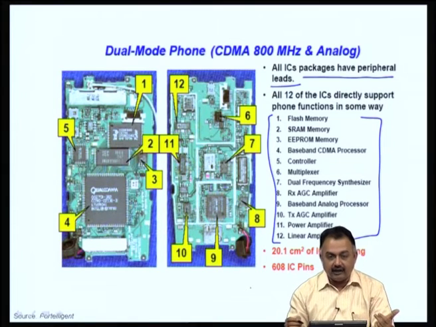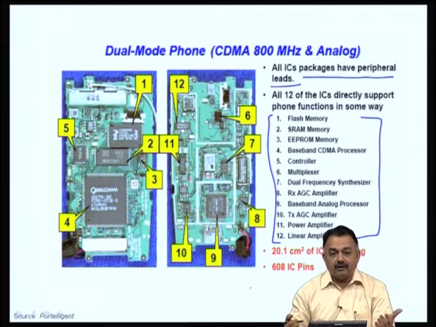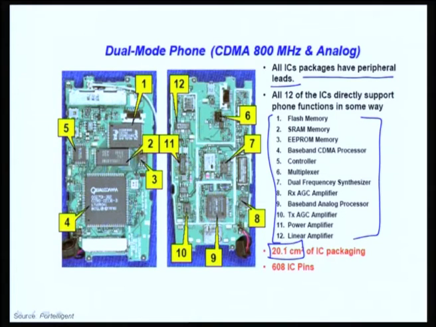One IC is a flash memory, the other is a controller, the other is a power amplifier IC, linear amplifier IC, and so on. So, it occupies a lot of space. The IC packaging using these 12 ICs is almost close to 20.1 centimeter squared, and there are 608 IC pins, IOs. This is fairly large.